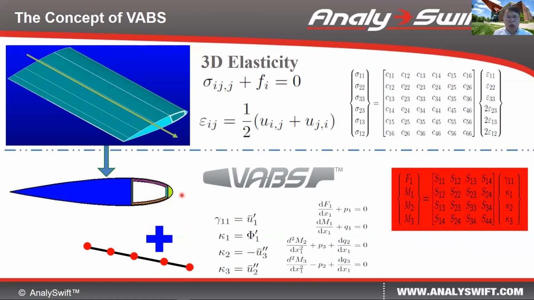The two-dimensional cross-sectional problem is solved by VABS. What VABS does is take the cross-section, including both geometry and material, to compute a stiffness matrix. This is for the Euler-Bernoulli beam model, which could be a fully populated 4x4 stiffness matrix.